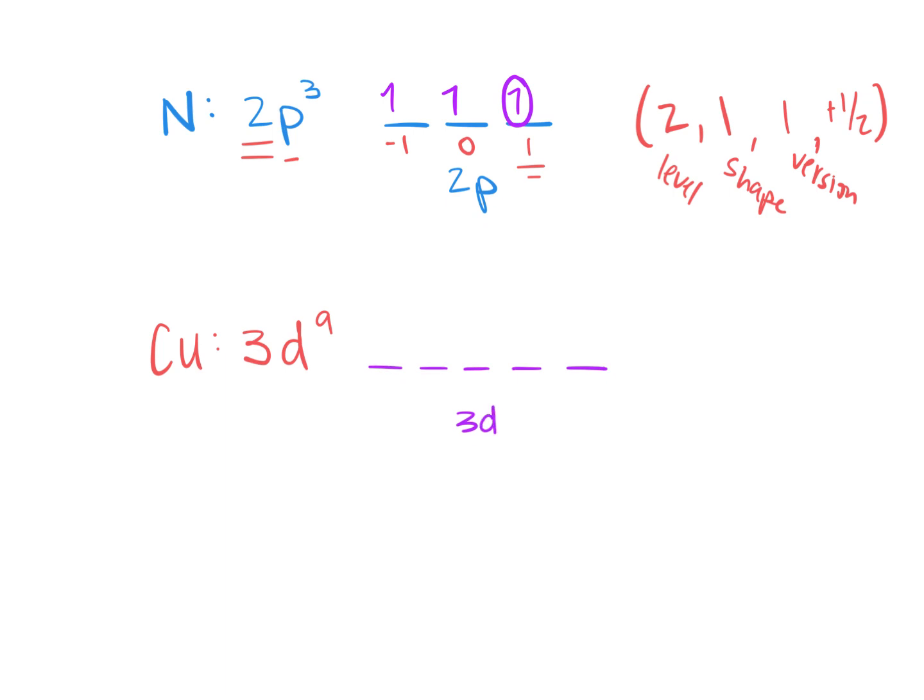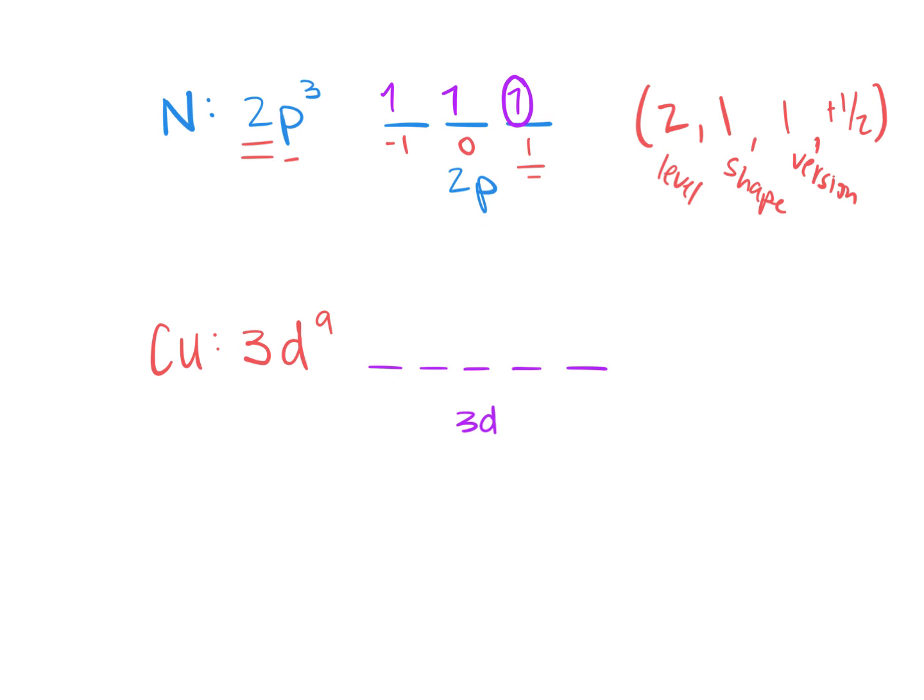Why do I have 5 different versions of my 3D orbitals? How many can it hold? 2. Okay, each orbital can hold 2, but how many electrons total do we need to fit in the d orbitals? 10. Okay, so here's how we remember that. There are 10 spots across the d orbital. 1, 2, 3, 4, 5, 6, 7, 8, 9, 10.